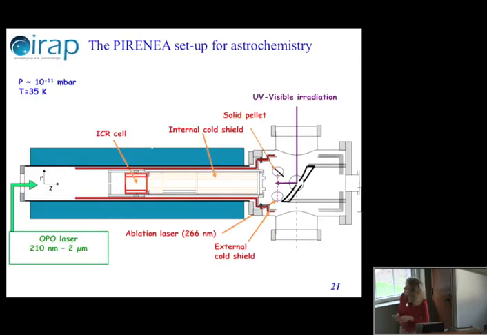So again, in this experiment we use the OPO laser to photodissociate, so it's typical from near UV to near infrared, but what I will present is essentially the visible part between 400 nanometers and 500 nanometers. And I will show some experiments where we combine another UV laser to get a two-color scheme.